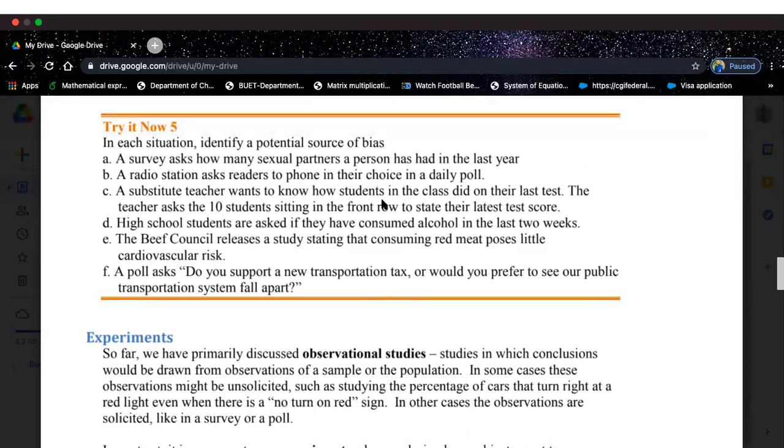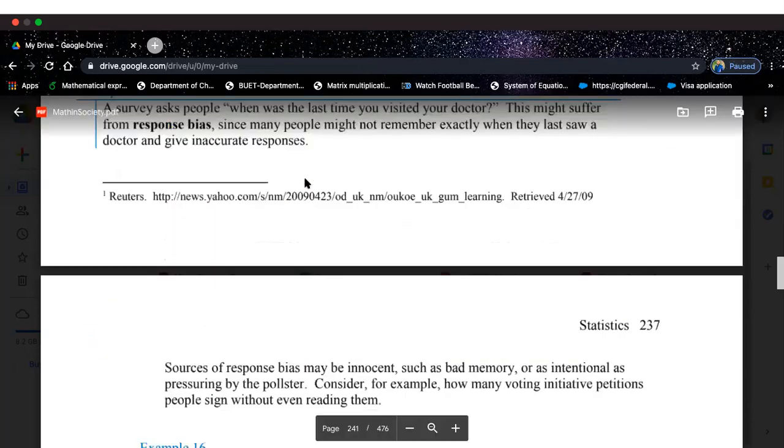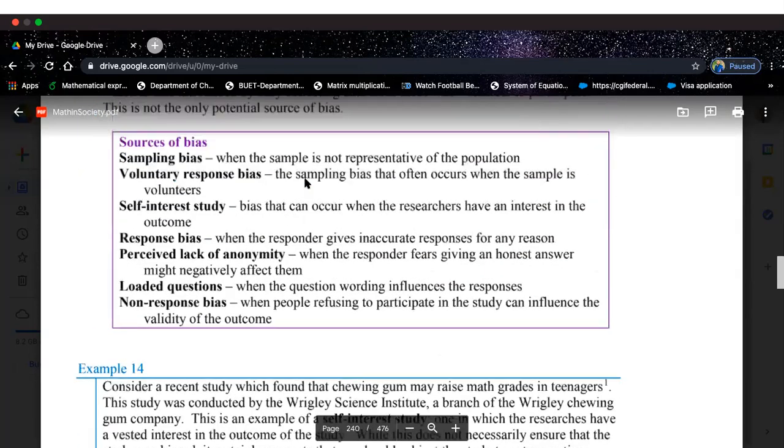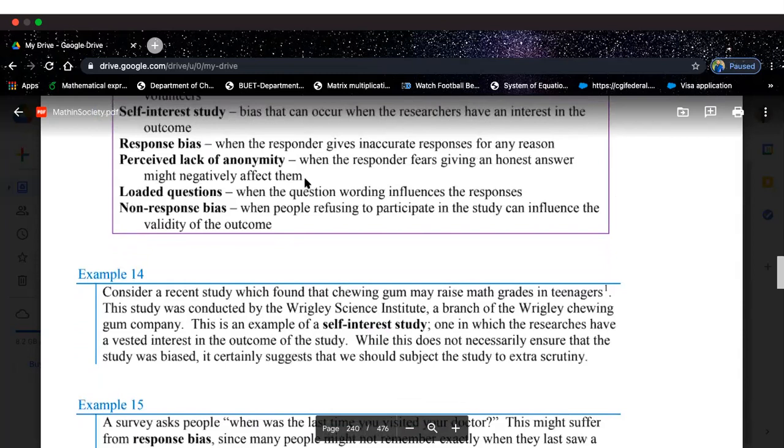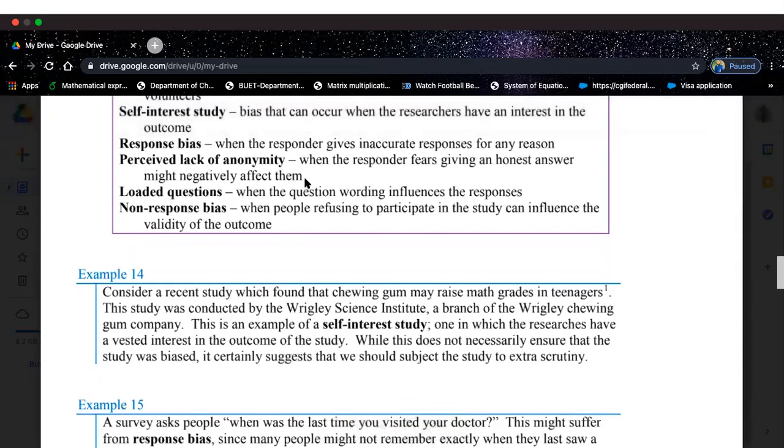Okay, I guess for the first one, it should be the response bias. And why? Because if you go back to the definition, response bias gives inaccurate responses for any reason. And one reason could be, I'm not sure how it works here in the United States, but if you go back to Asia, most people will give inaccurate responses intentionally because they don't want to disclose it.